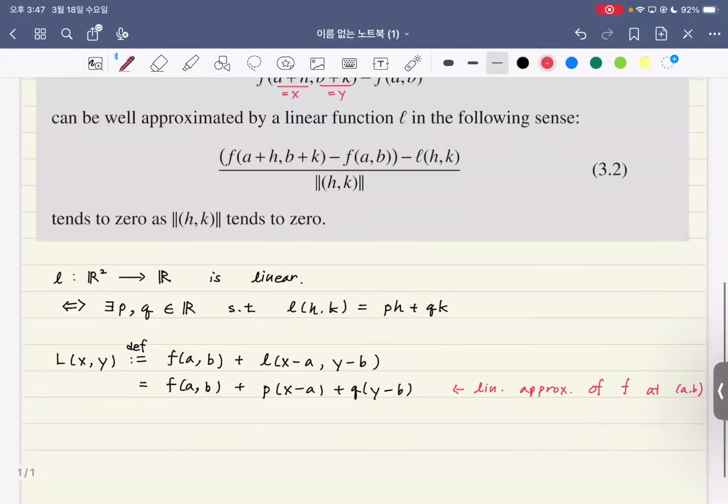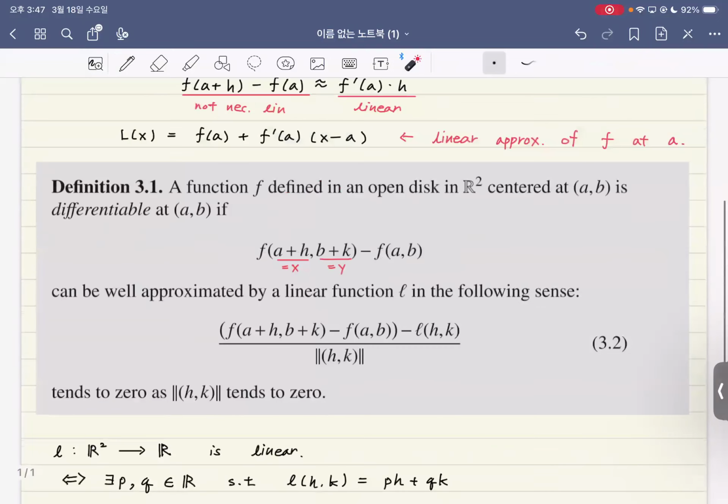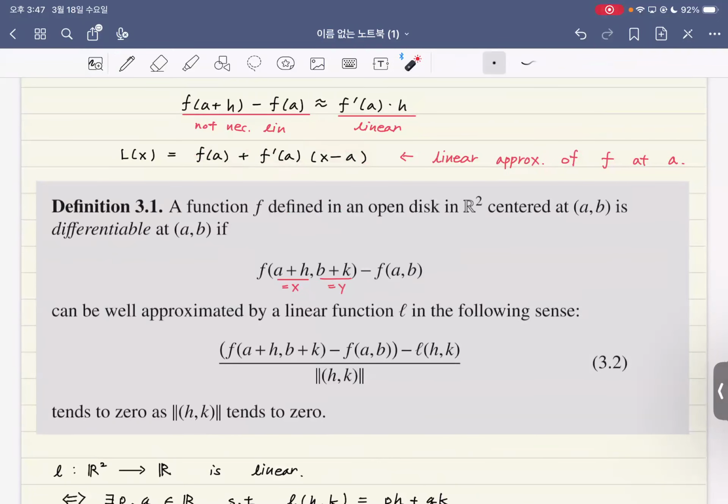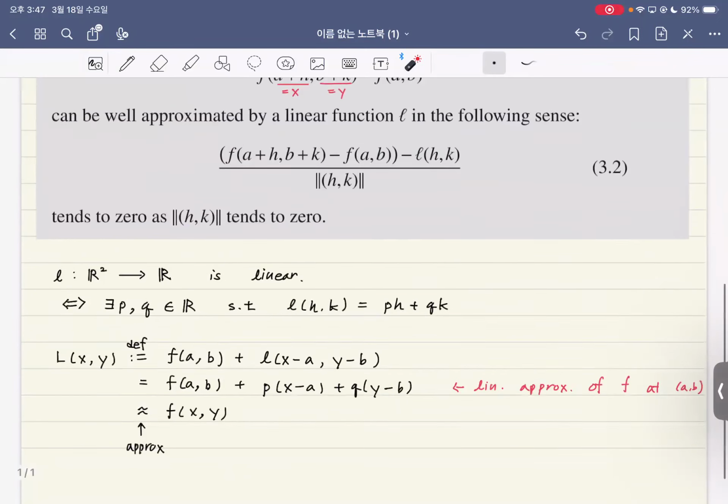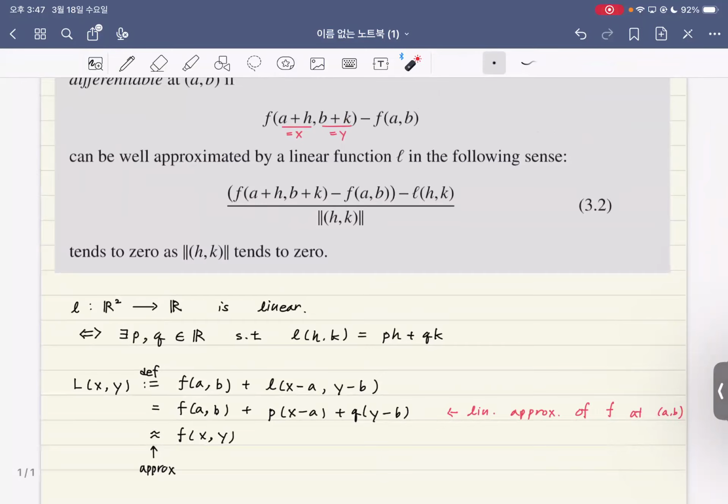This is what approximates f(x, y). We know that this equation was approximating f of x, and this equation is approximating f(x, y). Because this is tending to 0, the numerator should also tend to 0. Therefore, the numerator tending to 0 means that this plus this must be approximating this, and a plus h, b plus k is (x, y).